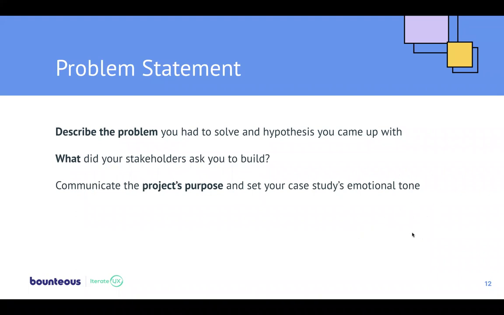I can see someone on a video. Yeah, I'll be the non-shy one. Problem statement, let's see. It's hard because they're kind of similar and related. Yeah, you can go ahead, Amber.